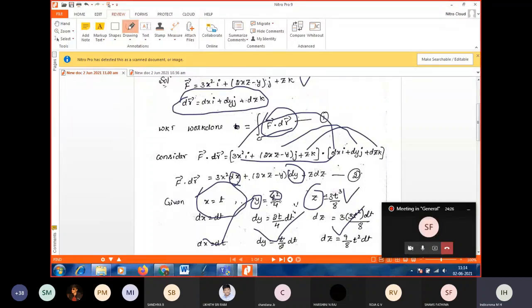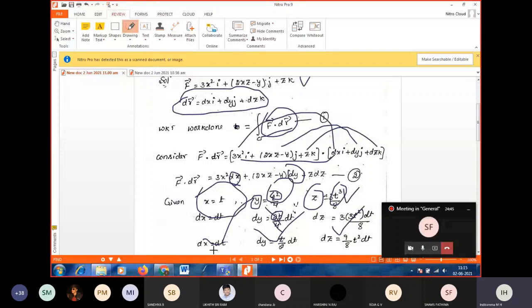The differentiation of t square is 2t, divided by 4, into dt. 2 ones are 2, the 2s are cancelled. That is 1 by 2 t dt. The differentiation of t cube is 3t square into dt. 3 3s are 9, so 9 by 8 t square dt.